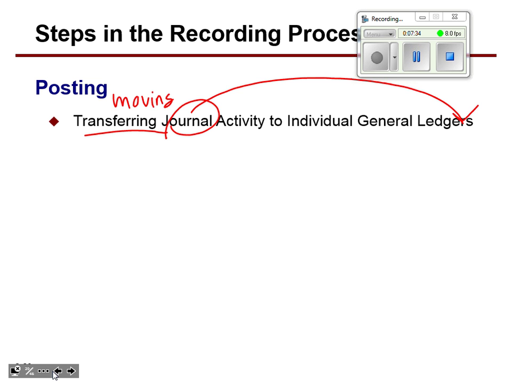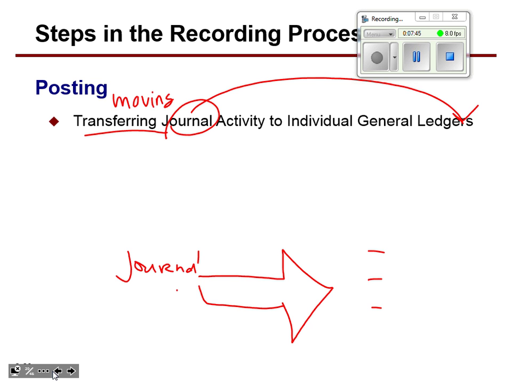A lot of times I draw a big arrow. We take it from the journal and teleport it over to whatever account it is in the ledger. And I'm going to put that in your notes a little bit more formally in a minute.